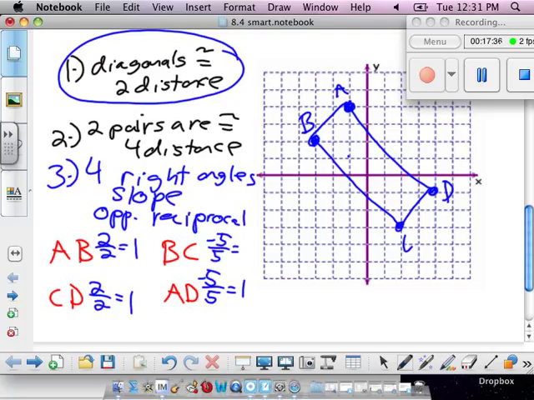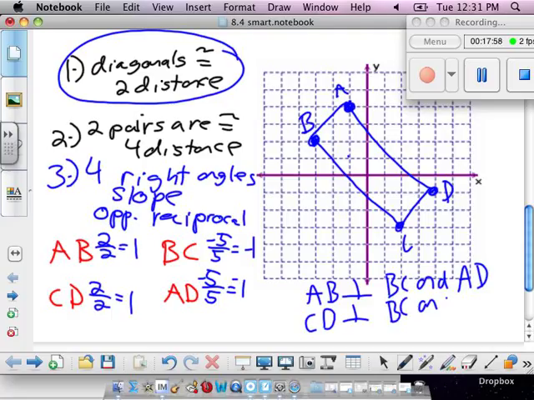That gives me negative 1. So I'm going to list to the side that AB is perpendicular to BC and AD, and that CD is perpendicular to BC and AD.